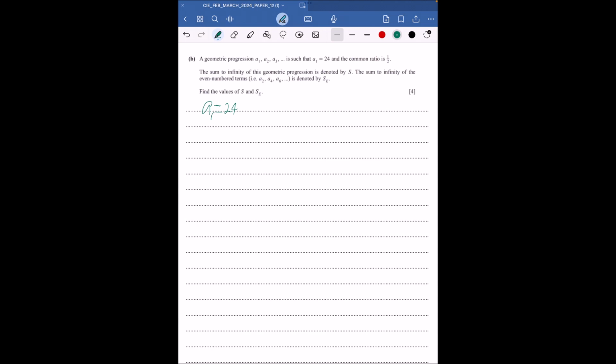The sum to infinity of this geometric progression is given by S. So there are 2 sequences, S and SE, so I'll just separate them.